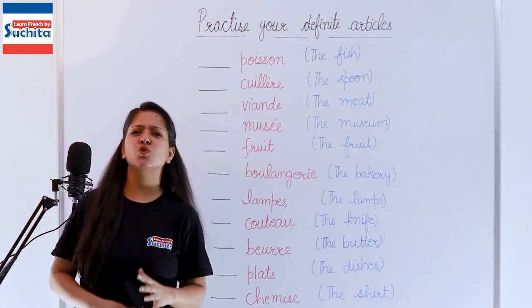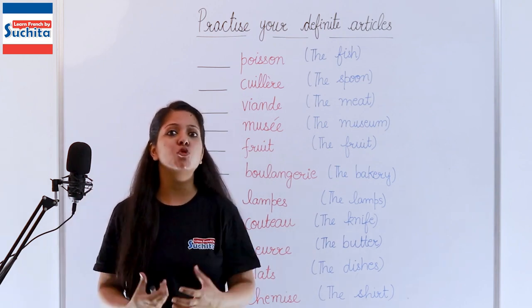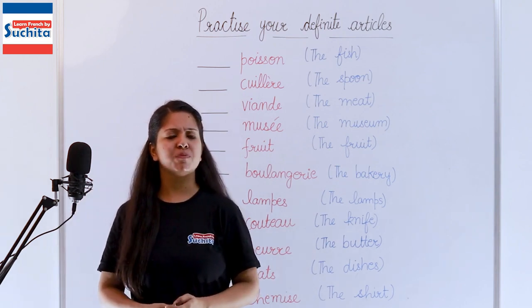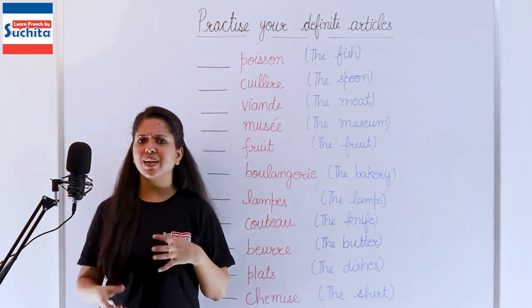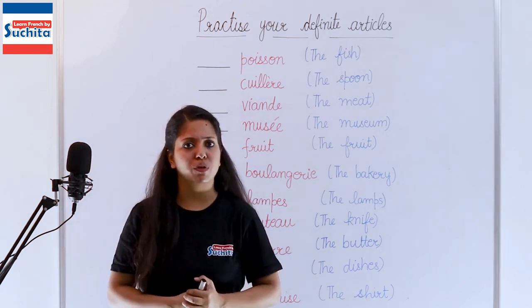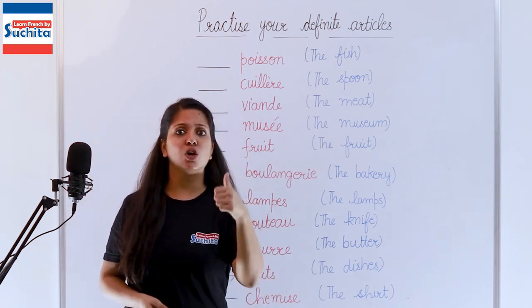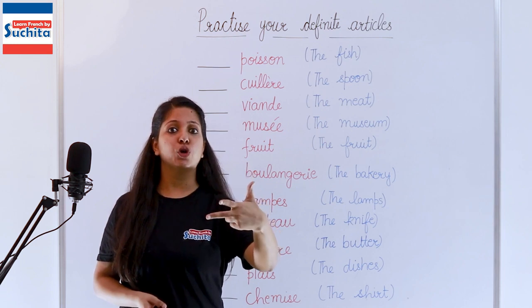Okay, without any further ado, let's get into the video and I am going to make you practice the definite articles. Before that, I'm going to give you a little recapitulation about the definite articles in English and also in French. In English, you have 3 articles: a, an, the.